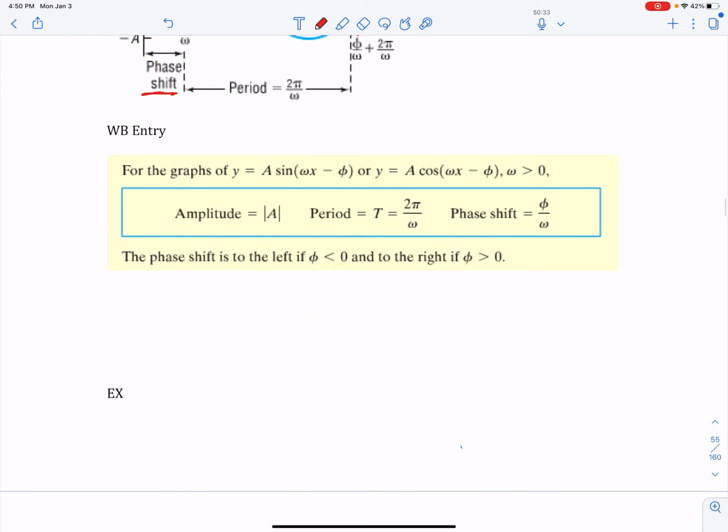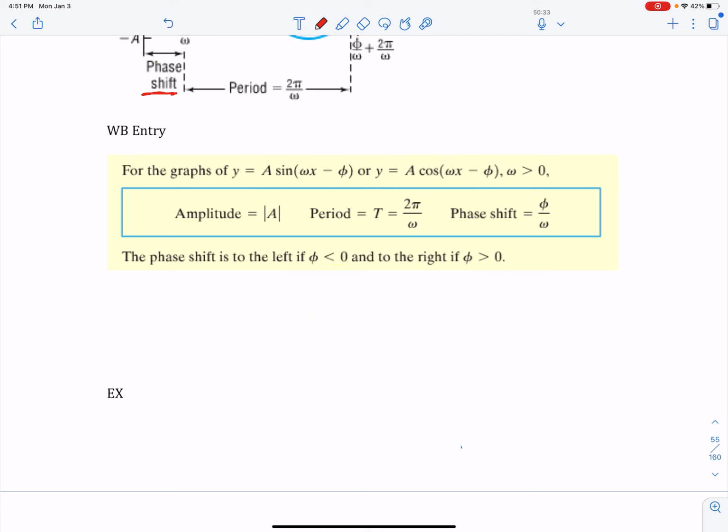So, below in this yellow box, you're going to see some important things. For starters, if we're talking about sinusoidal waves, it can be sine or cosine. So the standard form is y equals a sine omega x minus phi, or y equals a cosine omega x minus phi, where omega is a positive value. So the amplitude is still a, and notice it's the absolute value because we always want amplitude to be written as a positive.